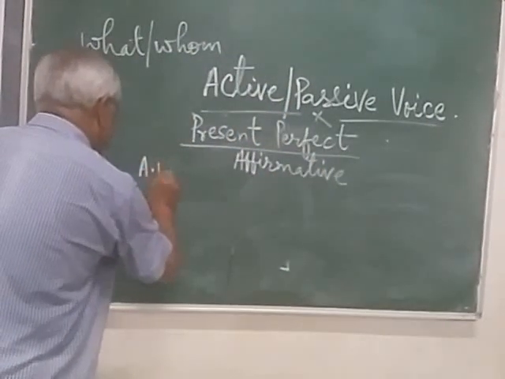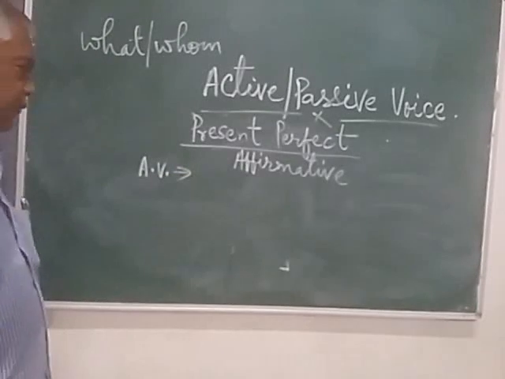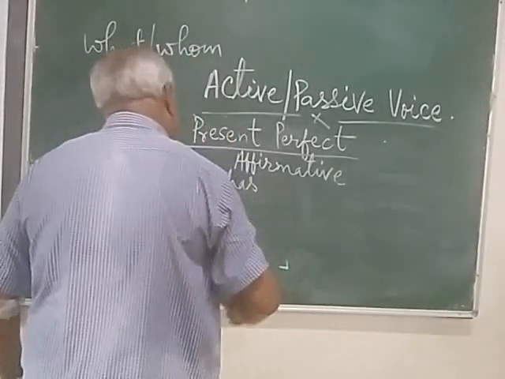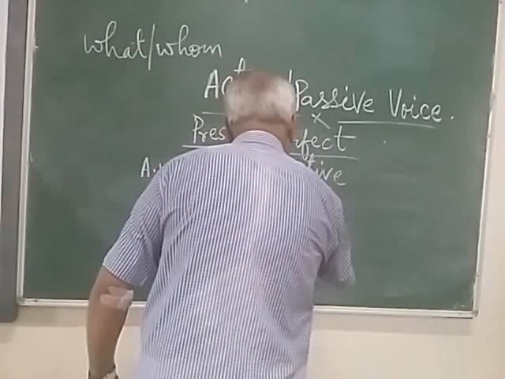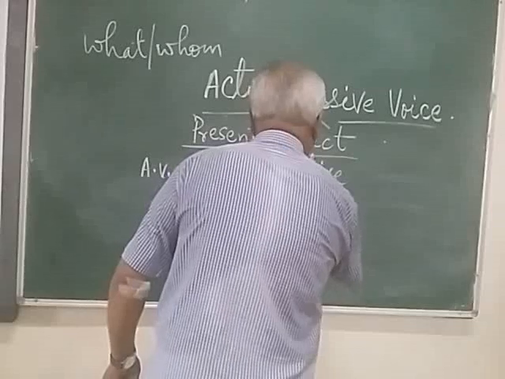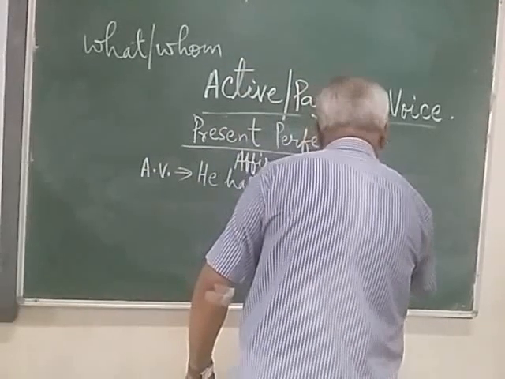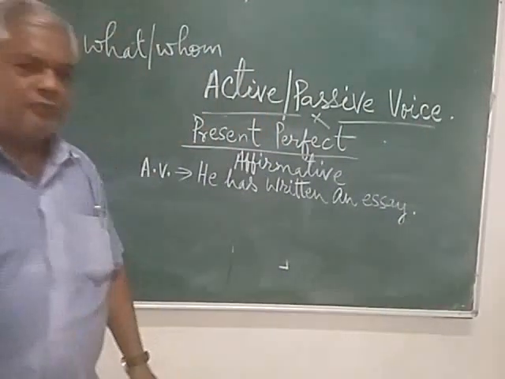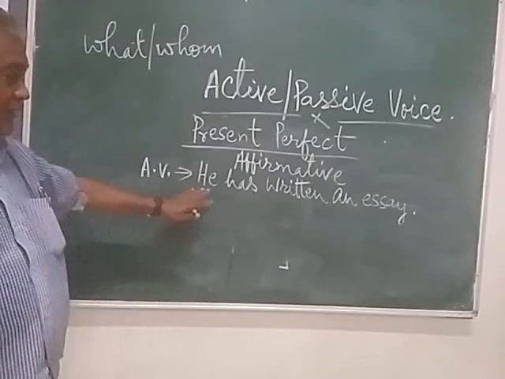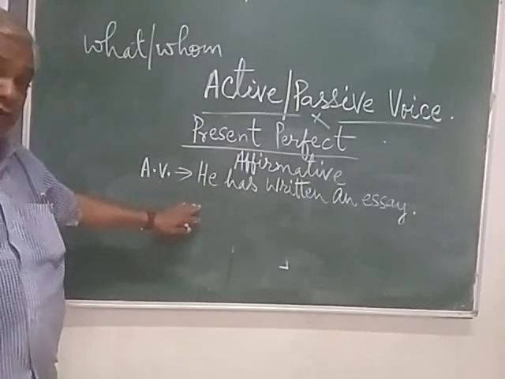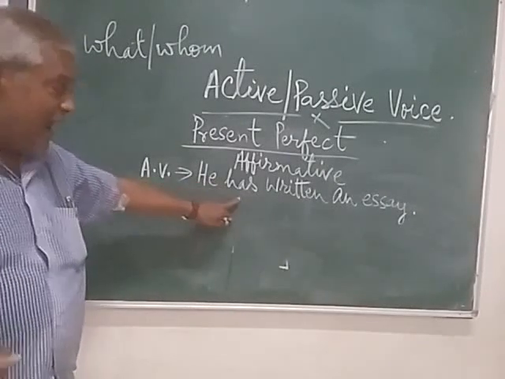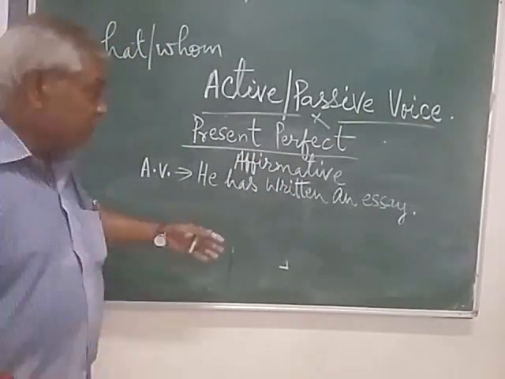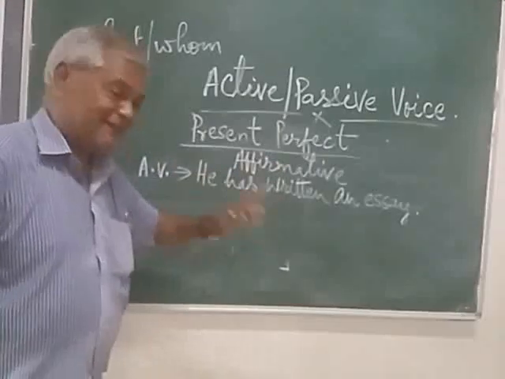Now active voice: He has written an essay. This is an affirmative sentence. Active voice is always tense. So have, has, had plus V3. This is used for the past in the case of present perfect tense.